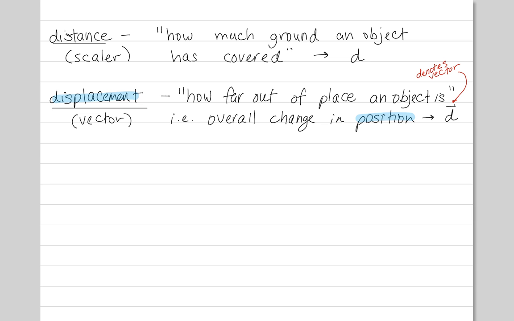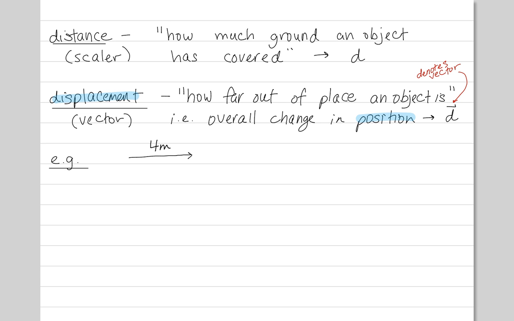Okay, let's do an example. Okay, physics man travels 4 meters in this direction. What direction is that? Yeah, we can use right and left. We can also use east and west.